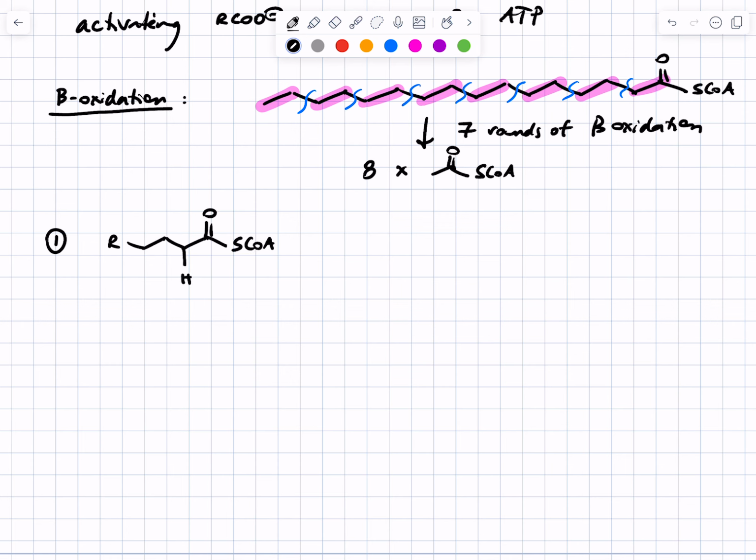The first step of fatty acid beta oxidation is catalyzed by an enzyme and uses the molecule FAD to do the oxidation chemistry. And the product is an alpha-beta unsaturated thioester.